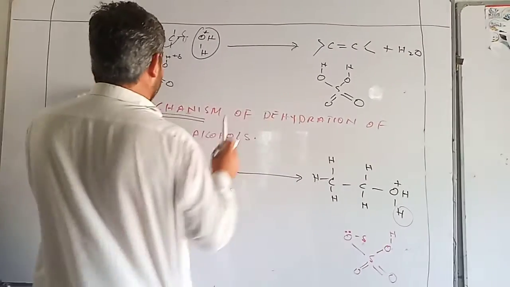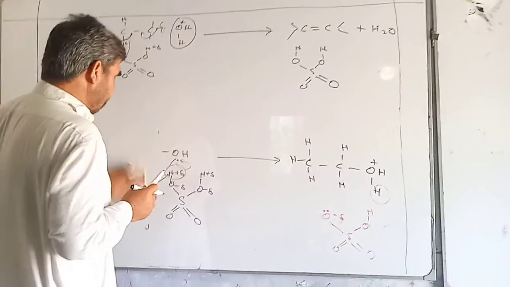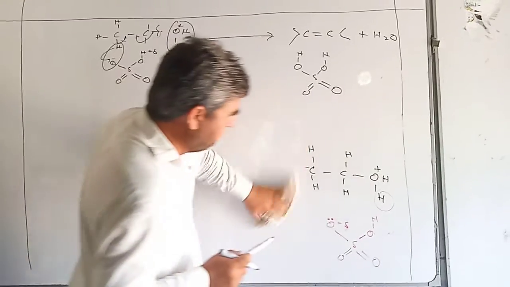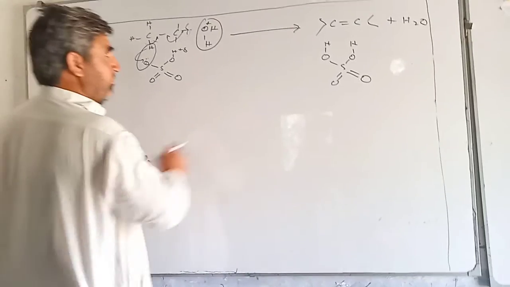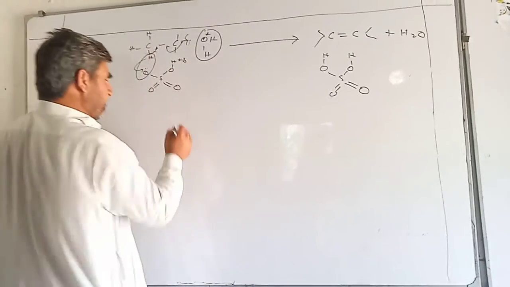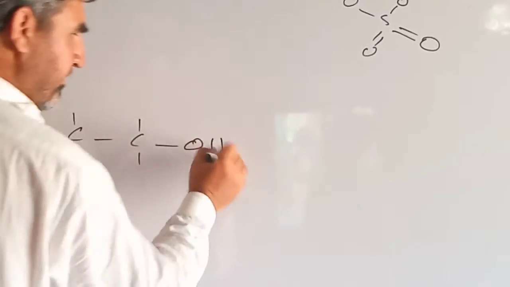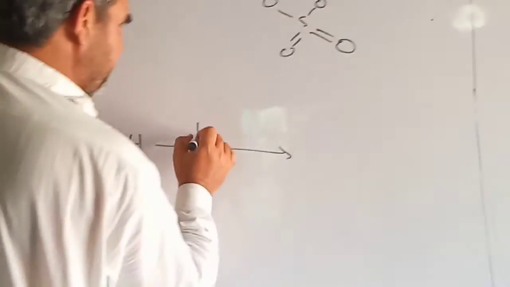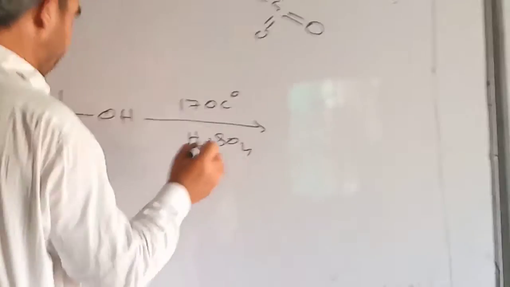So this is alkene. This is how alkene is prepared through a mechanism. How does the formation occur? By this mechanism. This whole mechanism is for this one reaction: 170 degrees and H2SO4, and it will give alkene.